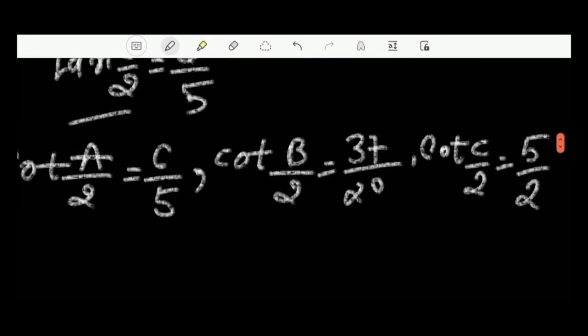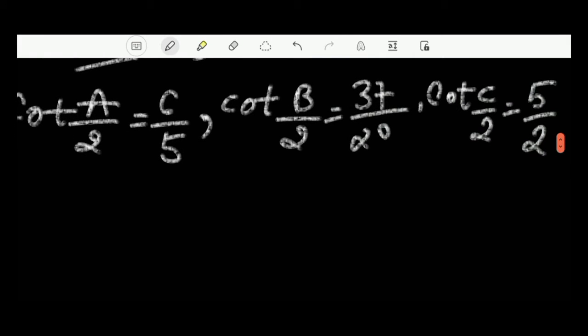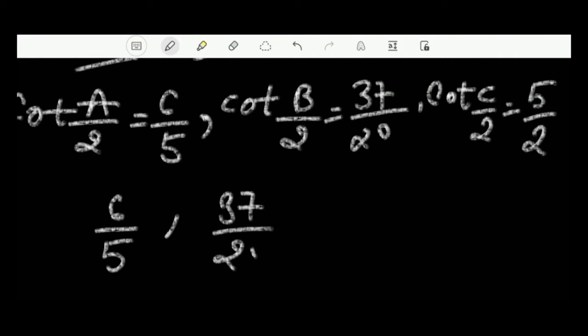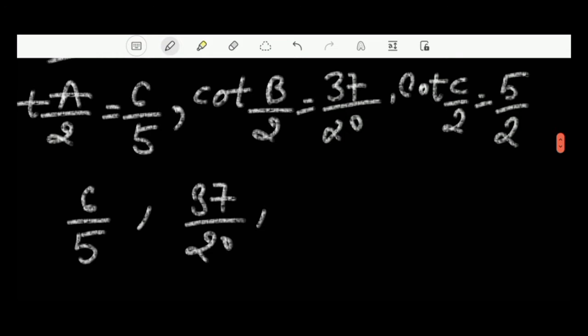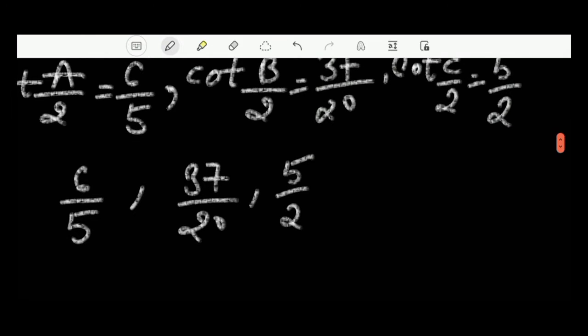And if you observe the values 6 by 5, 37 by 20, and 5 by 2, then you can see that they are in AP.